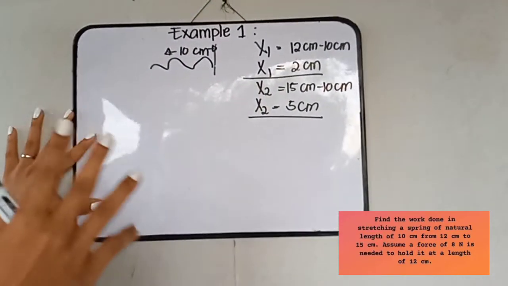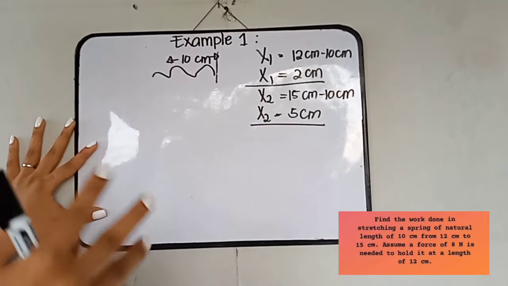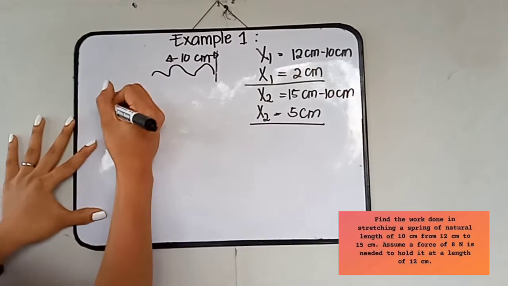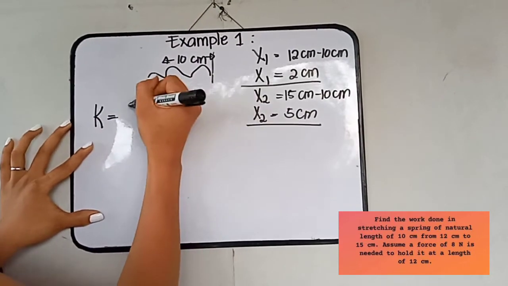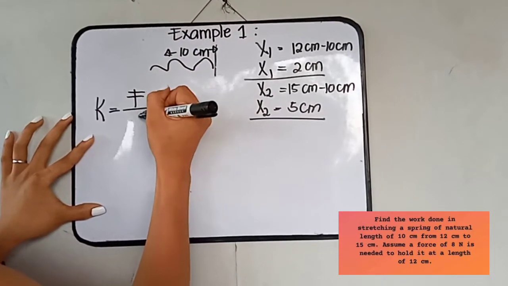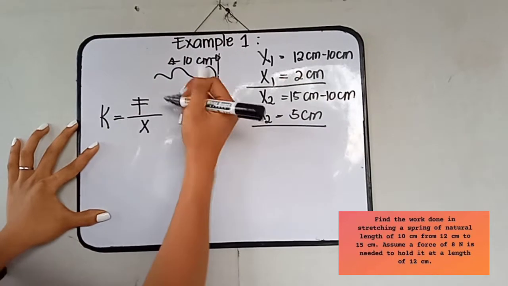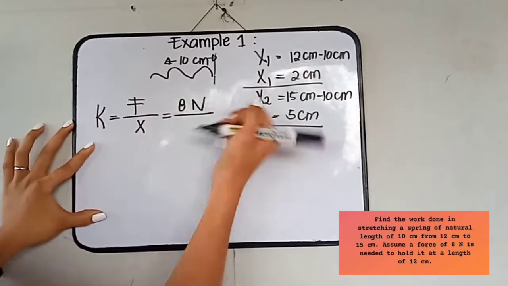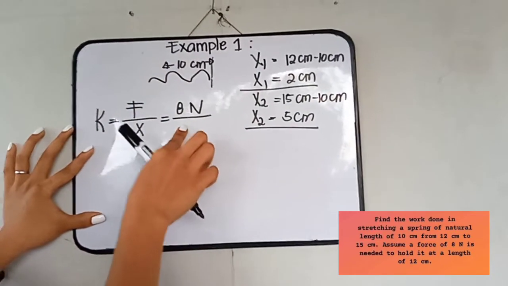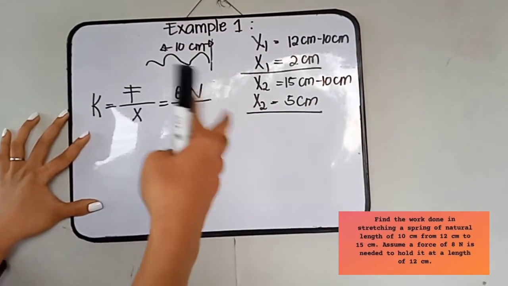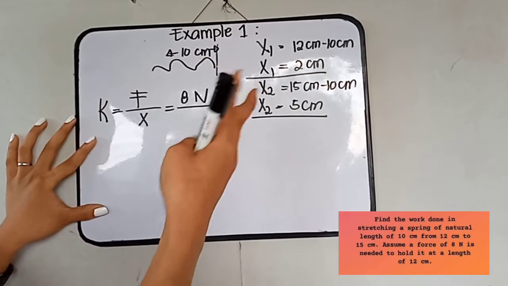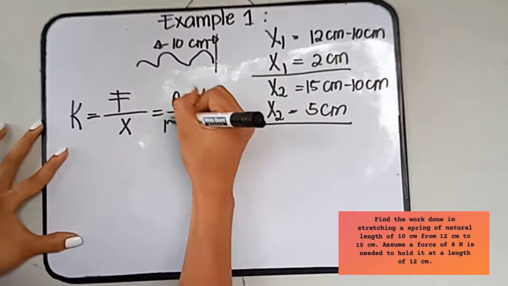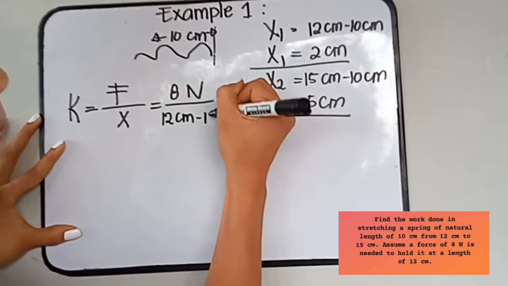Now, assume a force of 8 Newtons is needed to hold it at a length of 12 cm. So k equals force per unit of elongation. Our force is 8 Newtons over the elongation, which is 12 centimeters minus the original length of 10 centimeters.